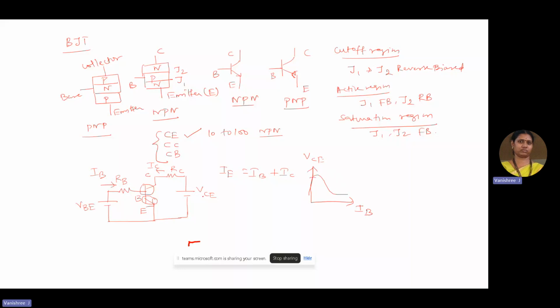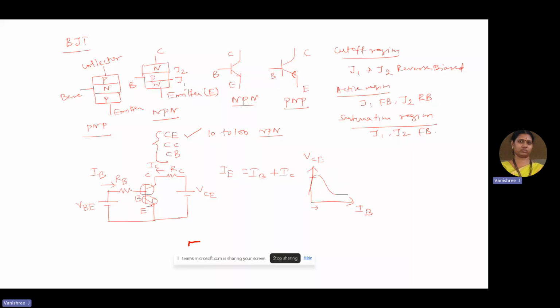Initially, the VCE voltage is existing across both the junctions. Thereby, the applied voltage of VBE is not sufficient to drive the base current. So it is very clear that when VCE is greater, the IB value is very much lesser.